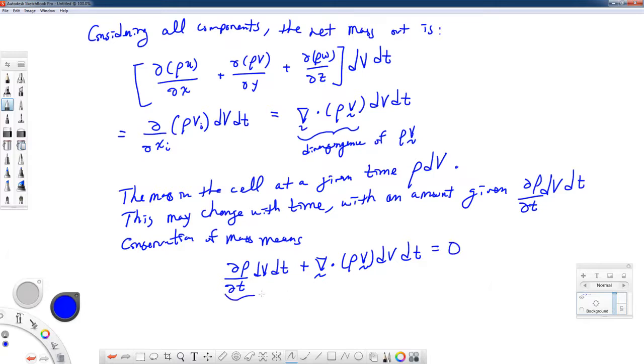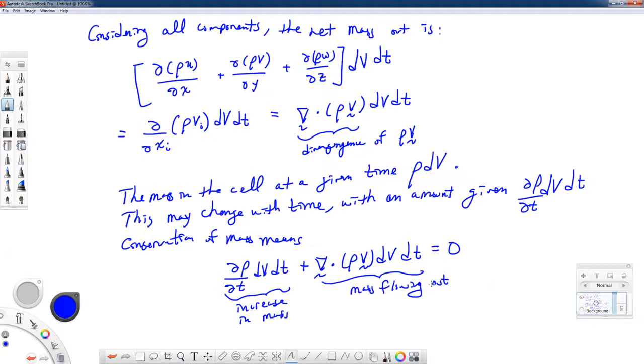So this is like the increase in mass has to balance against the mass flowing out. This is called the Eulerian continuity equation, and we're going to revisit this again after we talk about the Reynolds transport theorem.